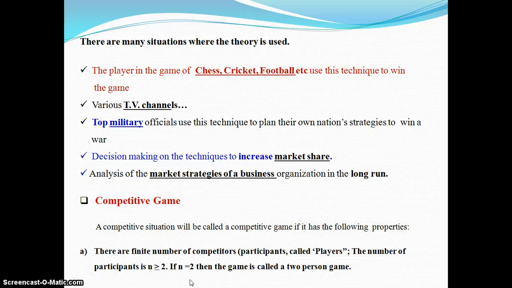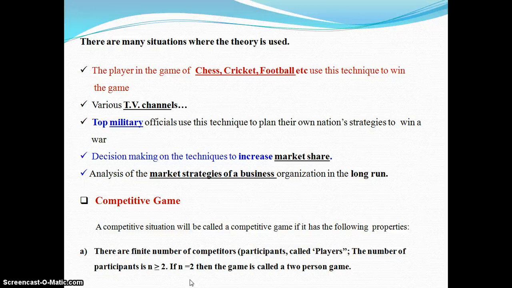Another property, second property, each participant has a finite number of possible courses of action. It means each player or each competitor has a finite number of courses of action. Next, each participant must know all the courses of action available to others, but not know which of these will be chosen.